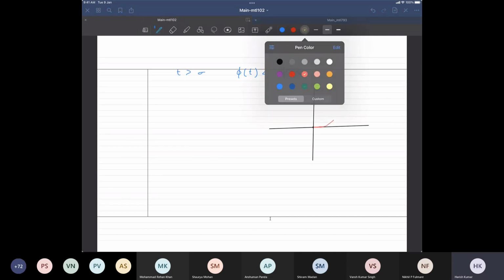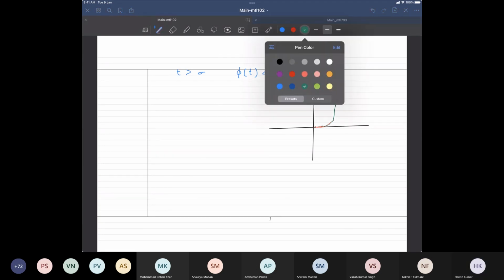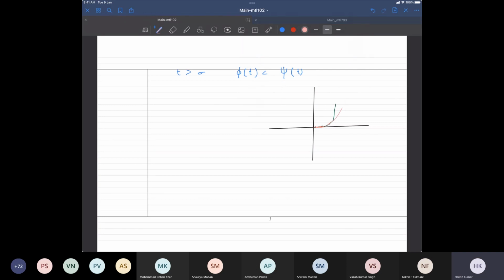The other one I draw in green, but at some point green will go up, and this other one will be below it. Exactly the point where this happens is sigma. Is this picture clear to you? Yes, sir.